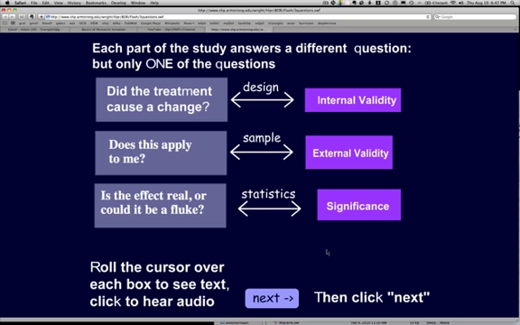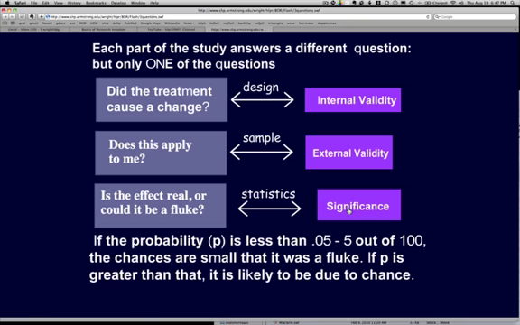If the probability P is less than 0.05, that is 5 out of 100, the chances are very small that the difference that we saw between the groups was a fluke, and so it's much more likely to be a real effect. If the probability value, or p-value, is larger than 0.05, then we say that it's more likely due to chance, or it is a fluke.